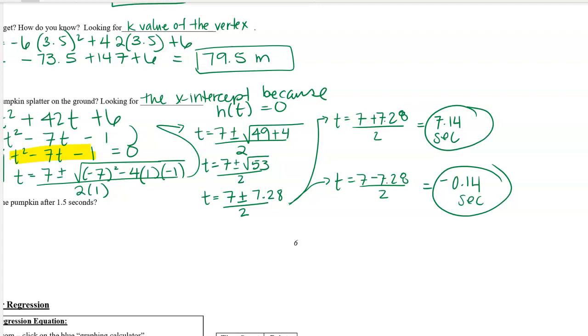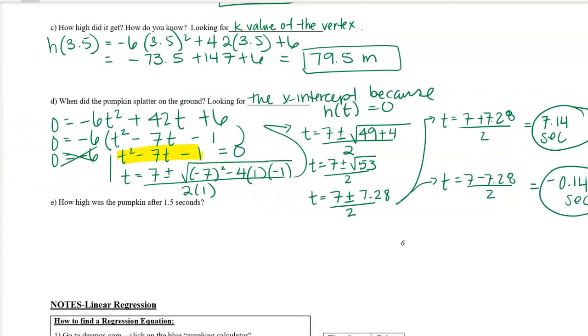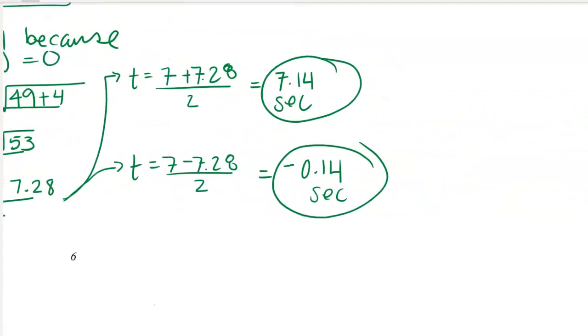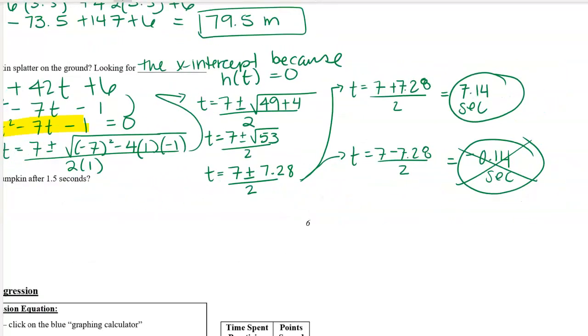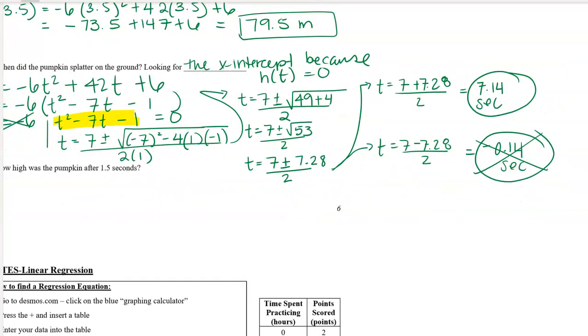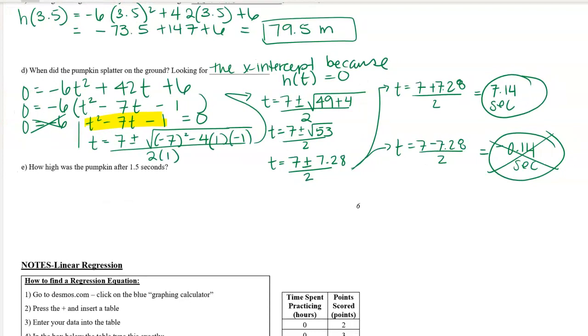Remember, every time you find an answer, we need to make sure that it makes sense. We're looking for the time that this object is going to be on the ground. We can't have a negative time frame. So even though that's your x-intercept, in an application we have to look back to see if it is applicable.